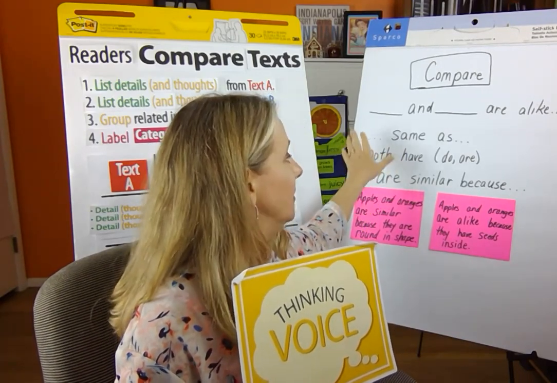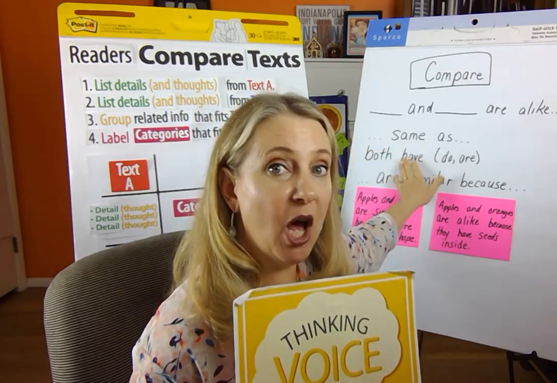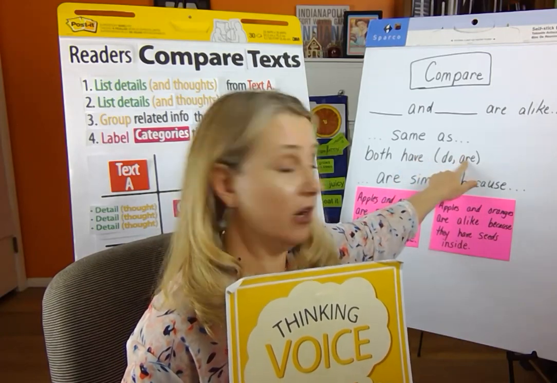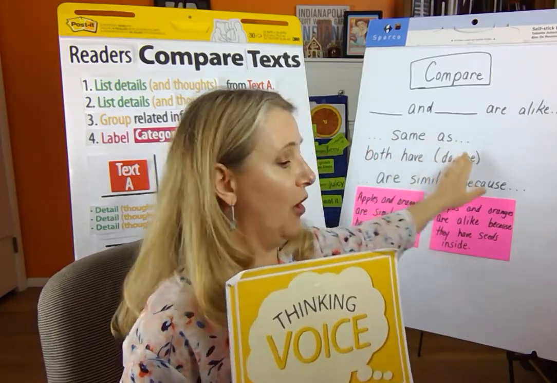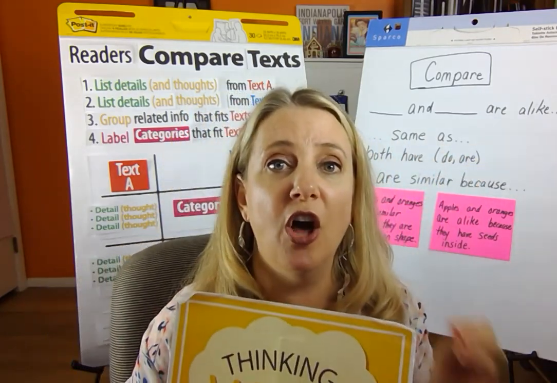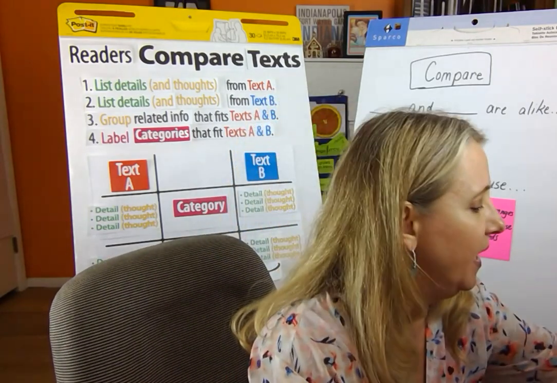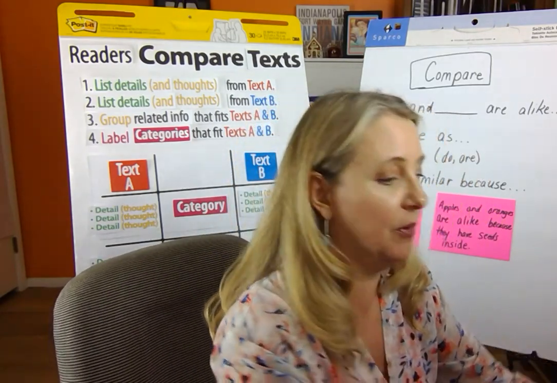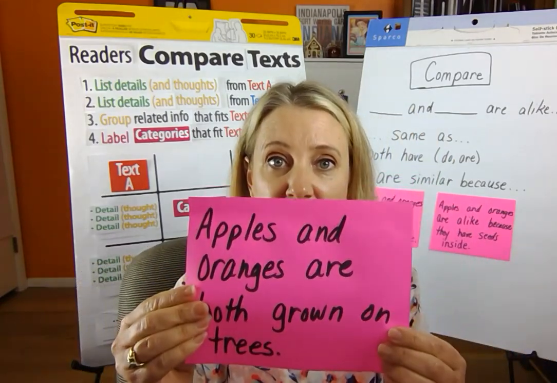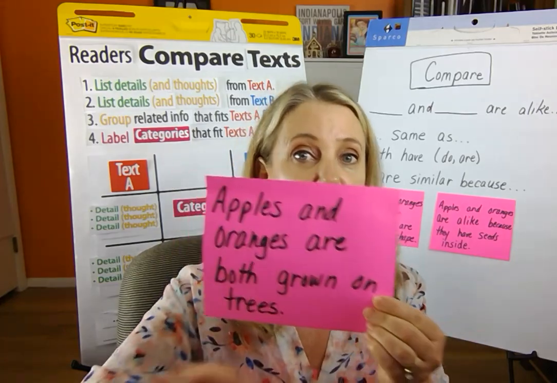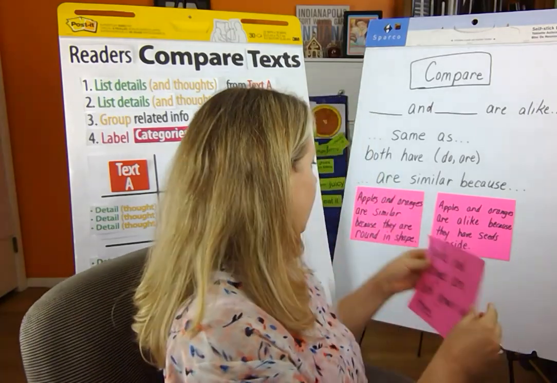Okay, so apples and oranges both, we don't want have, are, you want to use that one? Both are grown on trees. How about that? Does that sound good? Okay, so that is an example of a pink inference because you're going across the rows. Across the rows. That's what you're doing.